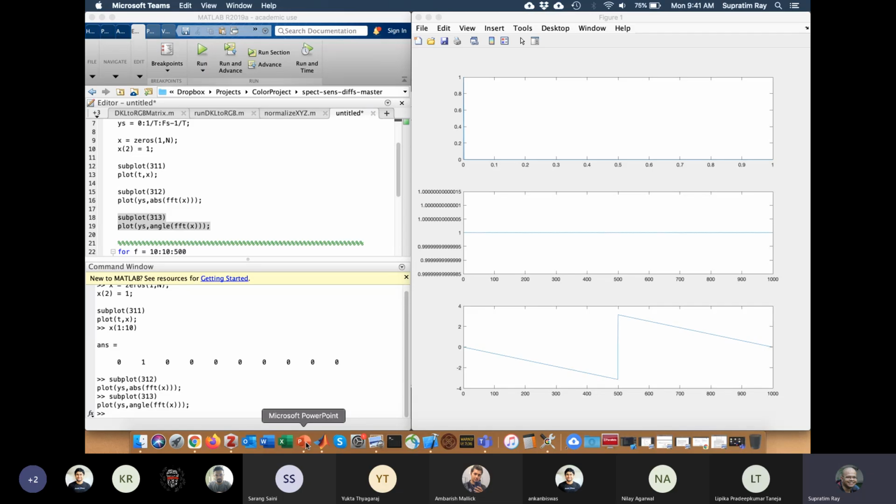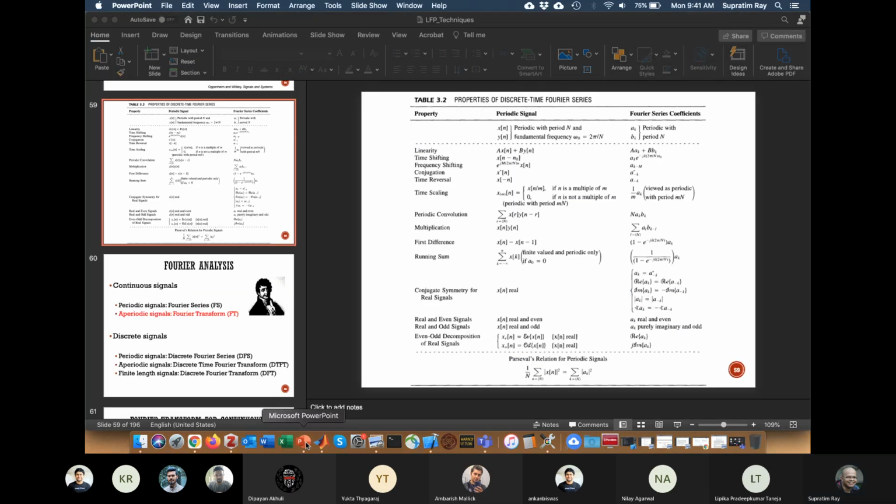And that is what we are seeing here. So if xn is real, the amplitude is the same. So the real values of ak and a minus k are the same. This is discrete time Fourier series, but it holds for other transforms as well. But the phase gets flipped, and that is what we are seeing here.